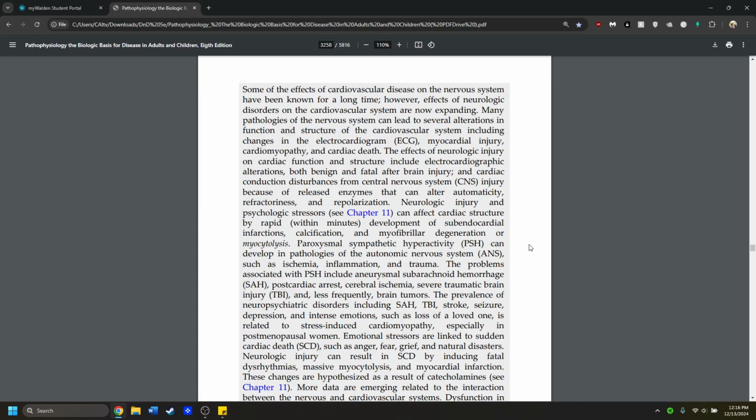Neurologic injury and psychological stressors from Chapter 11 can affect cardiac structure by rapid, within minutes, development of subendocardial infarctions, calcifications, and myofibrillar degeneration or myocytolysis.